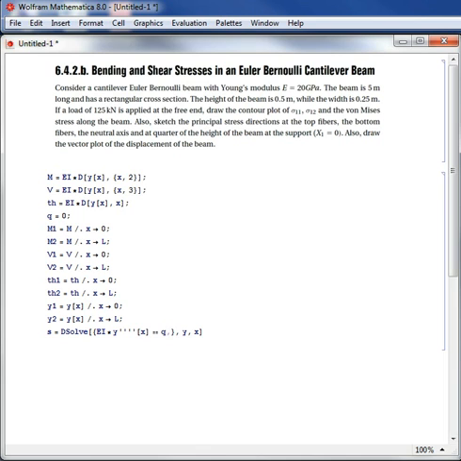I would like to put the boundary conditions here. The boundary conditions for this cantilever beam is that on the left, the rotation is 0, the deflection is 0. On the right hand side, the shear is equal to 125 kilonewton, so I'm going to put 125, and the moment is equal to 0.